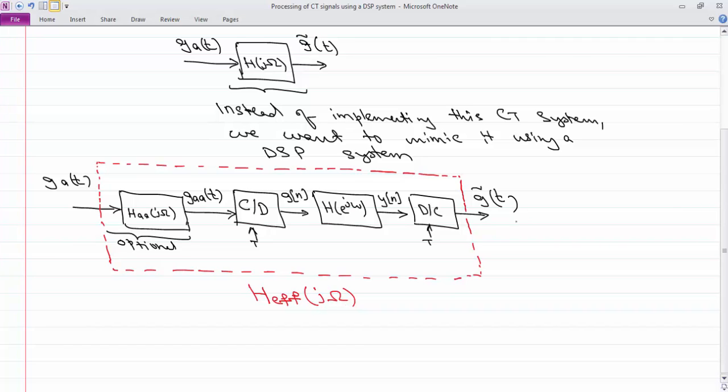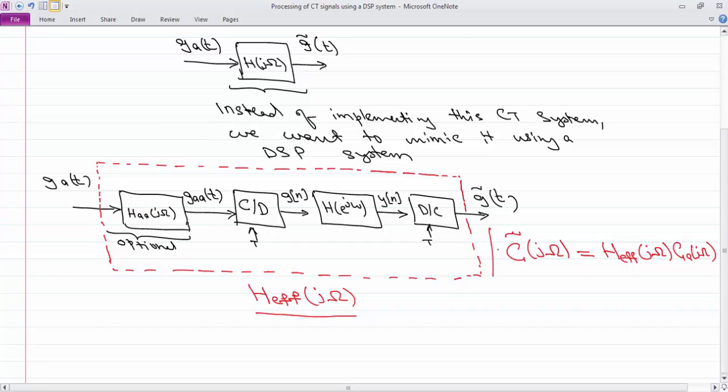So the effects of anti-aliasing filter, the effects of continuous to discrete conversion, your discrete time LTI system, your discrete to continuous conversion, all of that should be captured by this frequency response so that your output frequencies are given by your input frequencies times this frequency response.